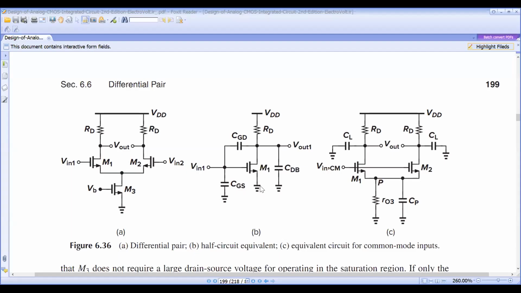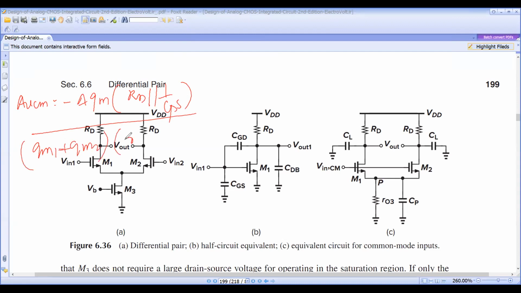Yeah. So now, whatever equation we got, I am writing once again here. AVCM is equal to minus delta GM multiplied with RD parallel with 1 by CPS, by GM1 plus GM2 multiplied with R03 parallel with 1 by CLS plus 1.